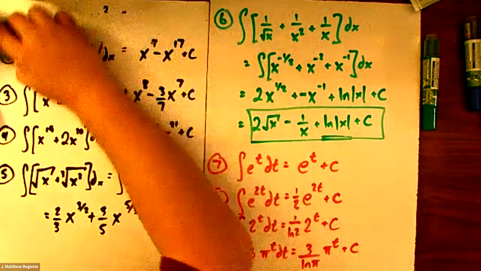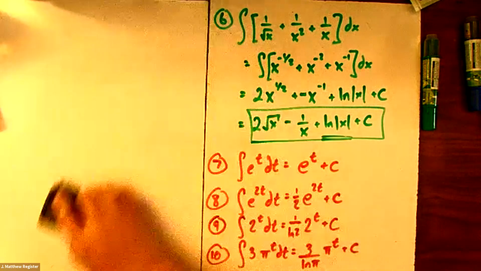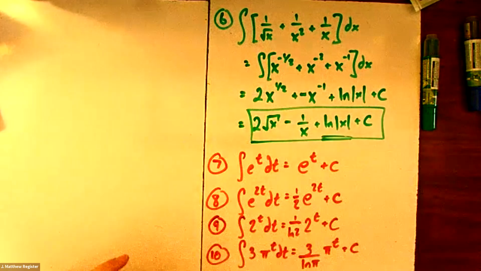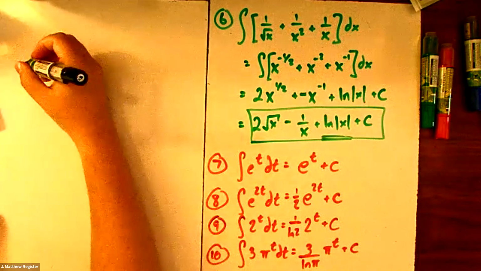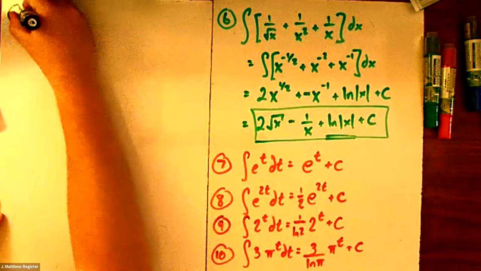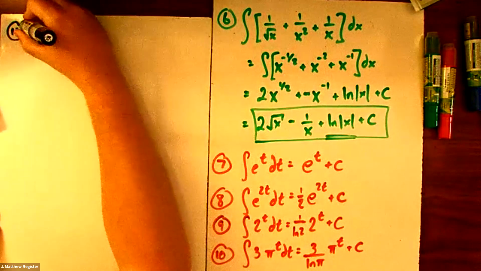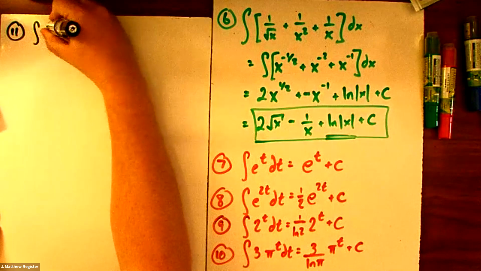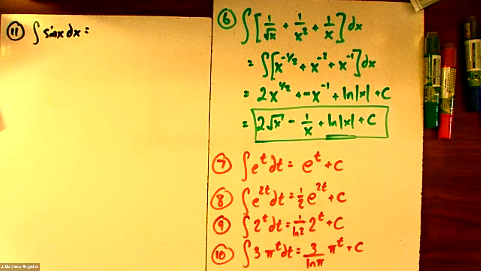All right. The next 6 look like they are our trigonometric ones. So let's make sure we know our trig functions. All right, number 11. 11 is saying the integral of sine of x. Well, we know that sine goes to cosine and cosine goes to negative sine when we're talking about derivatives.